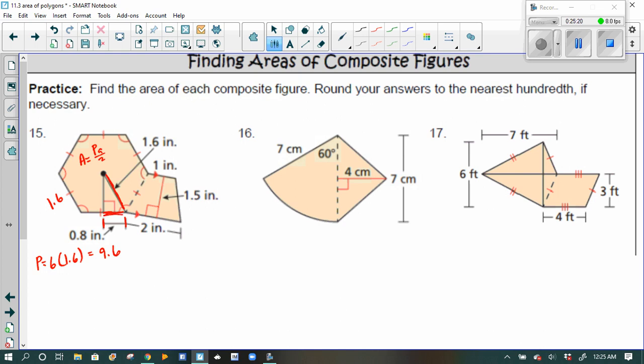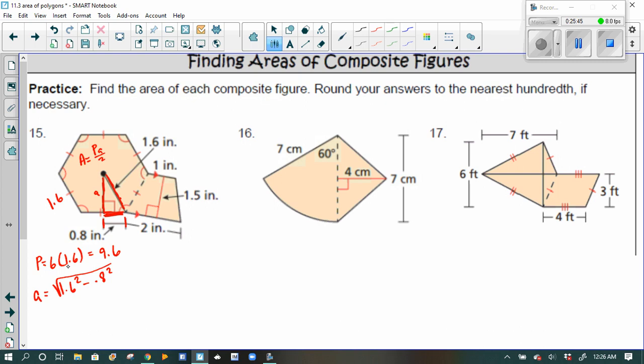So if I know this, then I can find the apothem because I need the apothem. So if I did Pythagorean theorem, because I know these two sides, the apothem is the radius squared minus half the side squared. Take the square root. So 1.6 squared minus 0.8 squared.